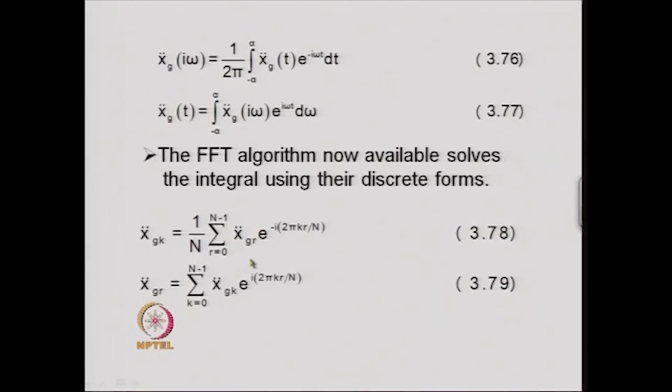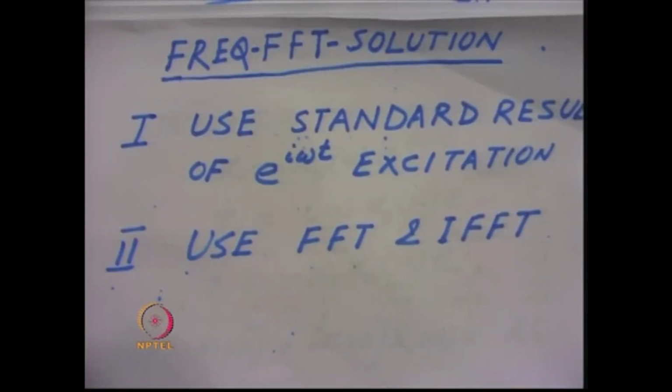So, we use this pair of the discrete Fourier transform to obtain the frequency contents of the ground motion, and the solution here is then called a frequency domain FFT solution of the problem.